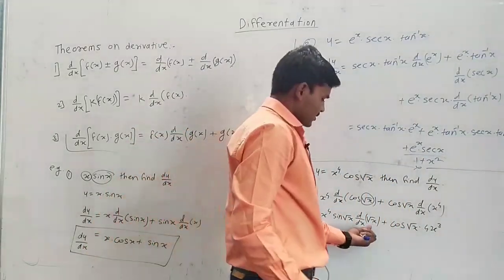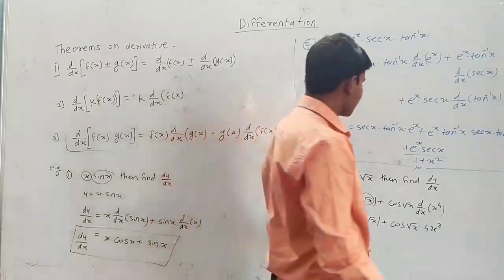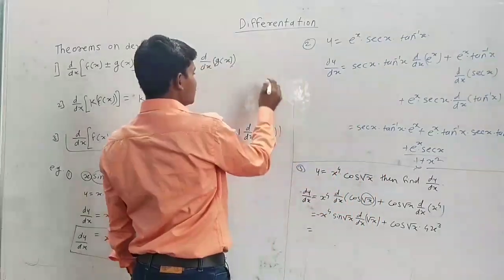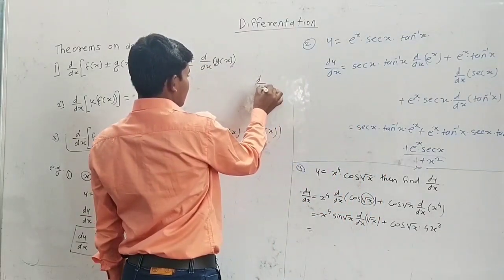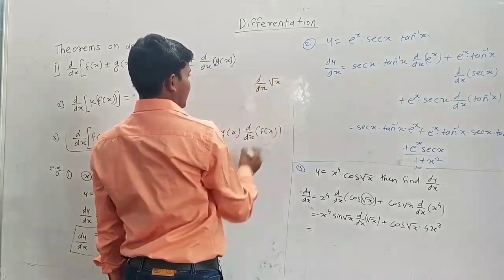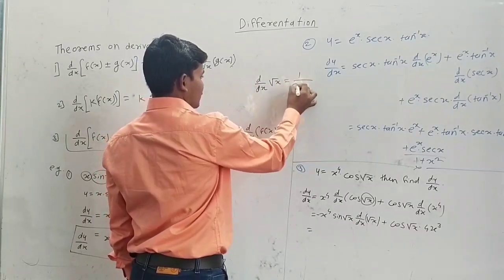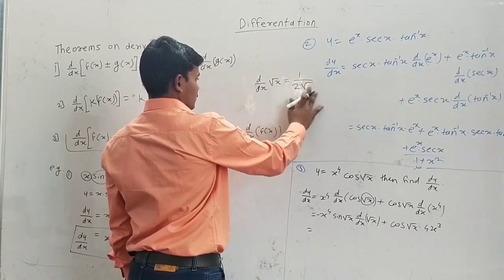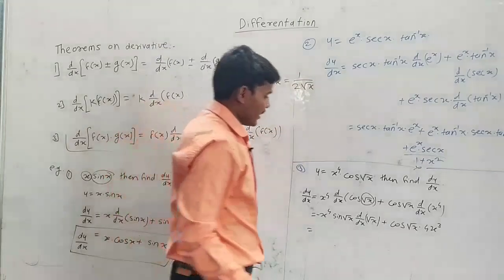Now the derivative of root x is 1 by 2 root x.